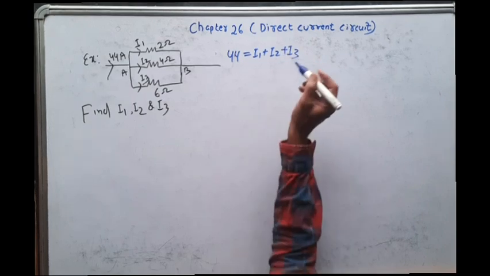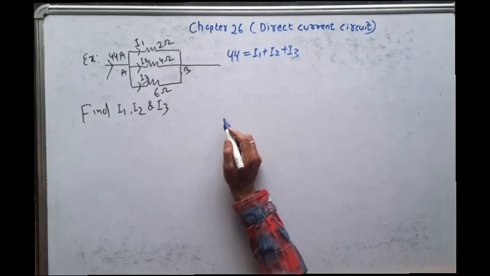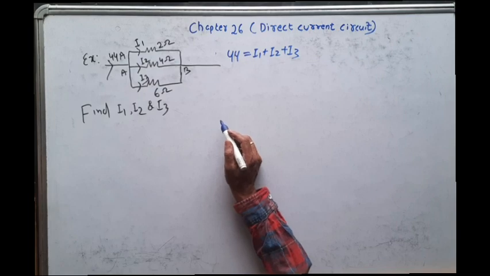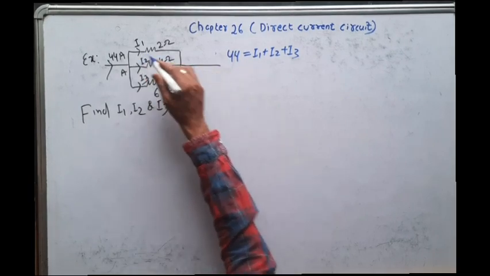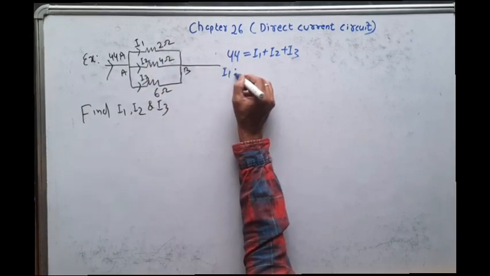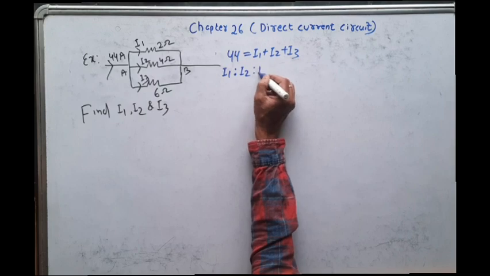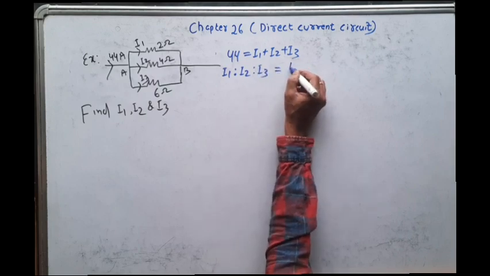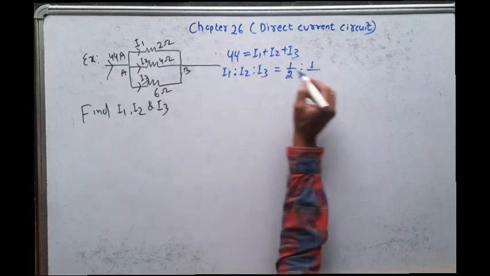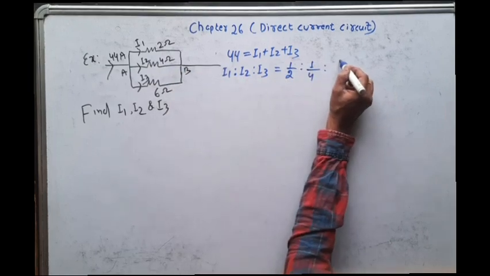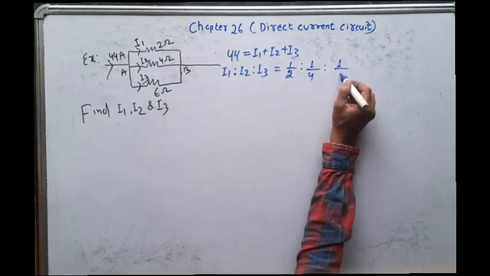So how will you solve this problem? I have told the current divides in inverse proportion of the resistance. That means here I1 is to I2 is to I3 is equal to 1 by R1 is to 1 by R2, that is 4 ohm, is to 1 by R3, that is 6 ohm.